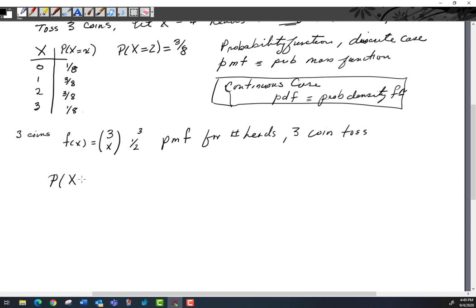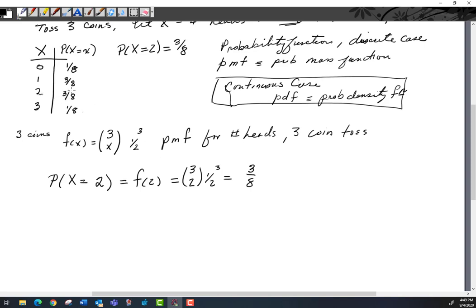The probability that x is equal to, just pick a number, let's just pick 2. Now let's use the probability mass function and see if this thing actually works. Well, this would be 3 choose 2, times 1/2 cubed. 3 choose 2 would be 3, and 1/2 cubed would be 1/8, so this would be 3/8.